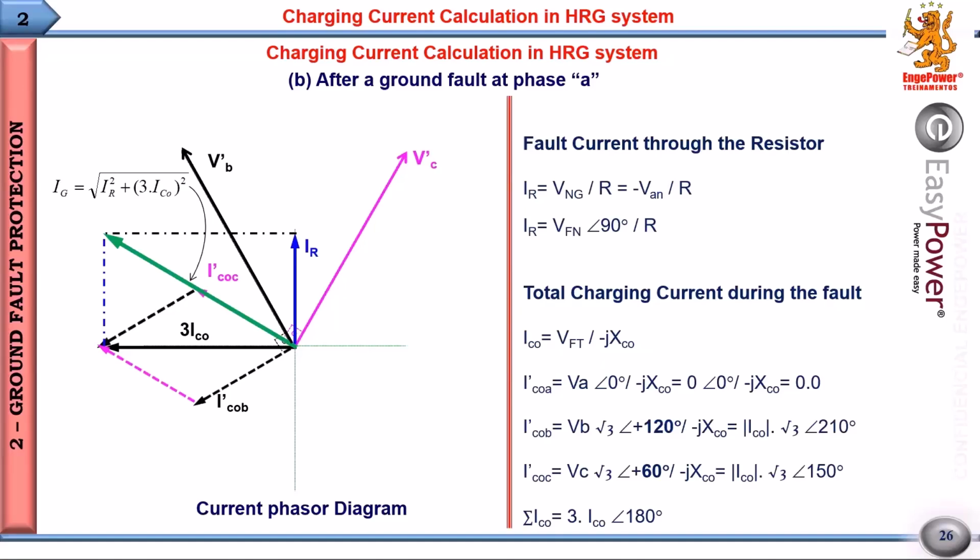So the charging current for phase C in the fault condition will be VC times square root of 3 with a phase shift angle of plus 60 degrees, resulting in a current of IC0 times square root of 3 at a phase shift angle of 150.